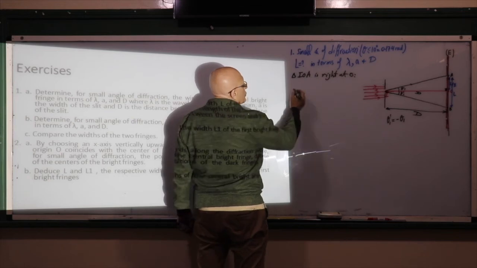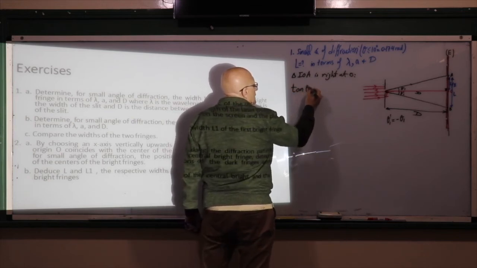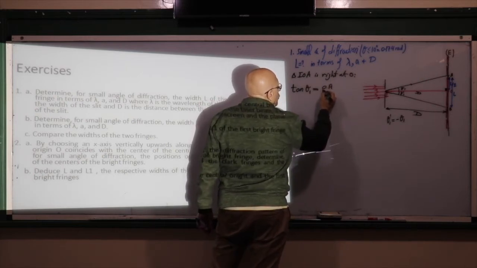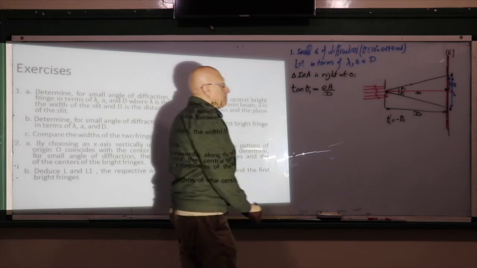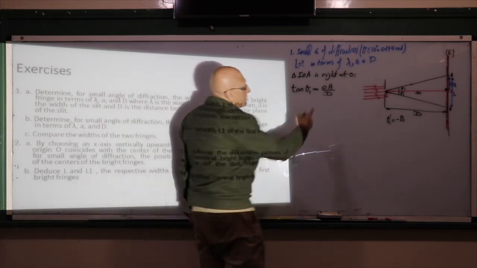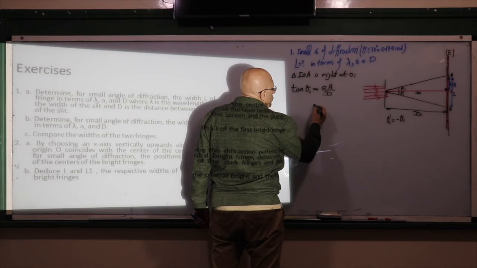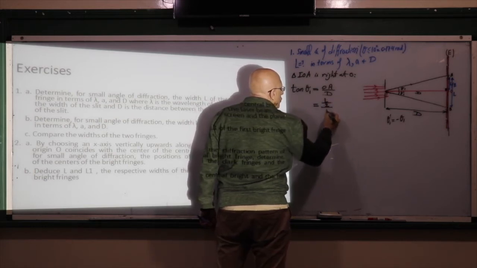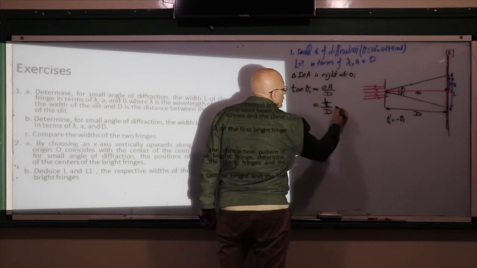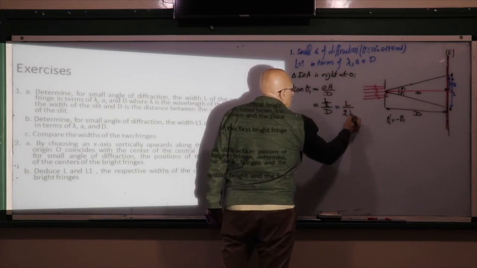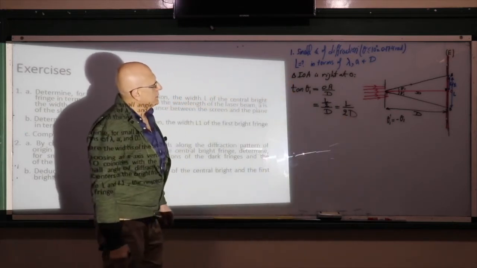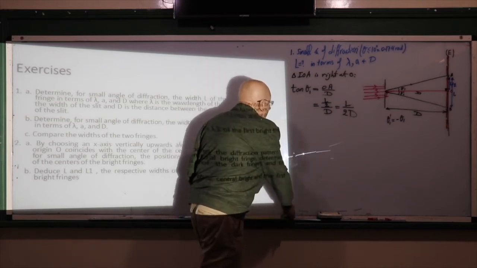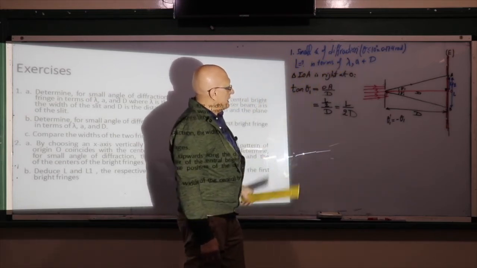So I can use tangent theta 1, which is equal to opposite over adjacent. Okay? What is OA? I can replace it by L over 2. So tangent theta 1 equals L over 2 over D, which is equal to L over 2D. Now we said that we have a small angle of diffraction.